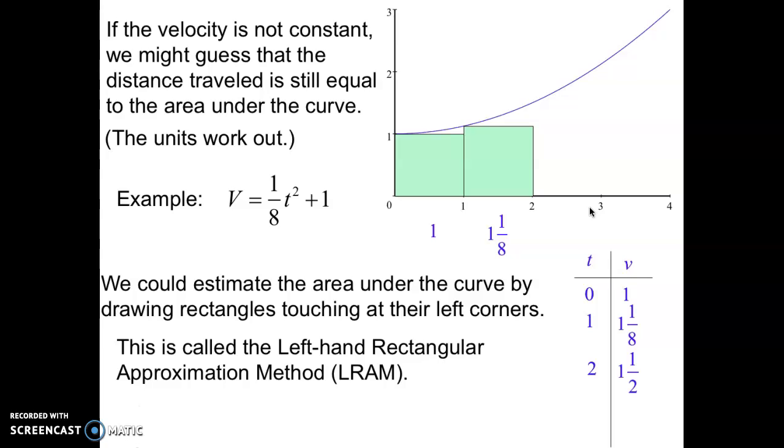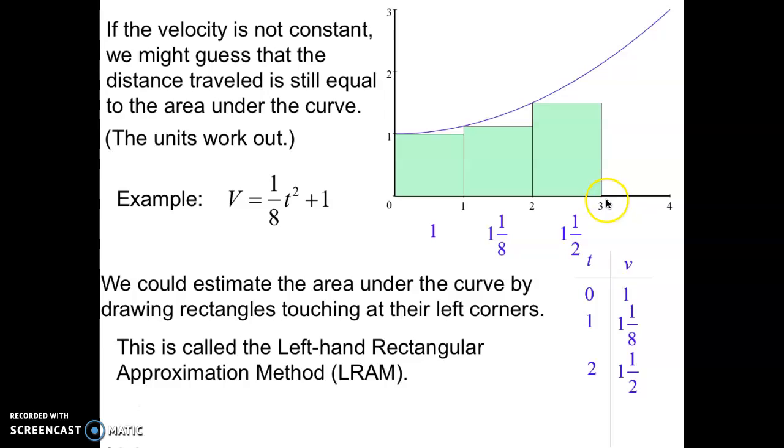To find the area, I need the length of this rectangle, which is the value of the function v when the input is equal to 2. So if I put 2 in here, 2 squared is 4, 4 divided by 8 is 1/2, plus 1 is 1 1/2. So the length of this rectangle is 1 1/2, the width is 1, and length times width is simply 1 1/2.